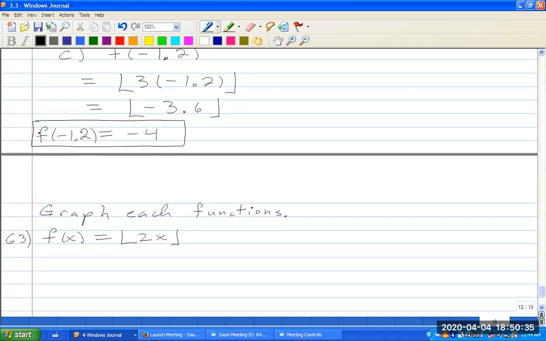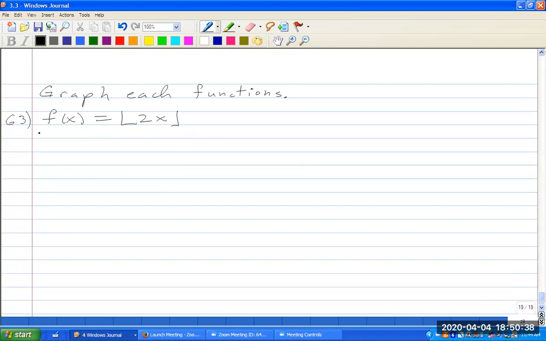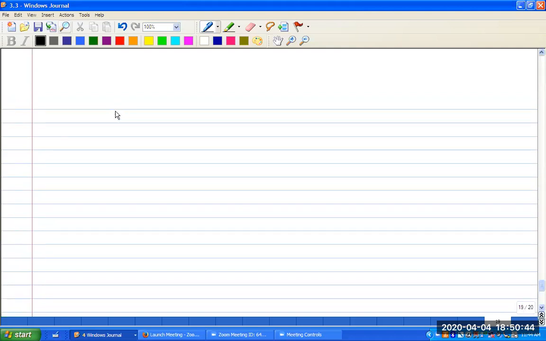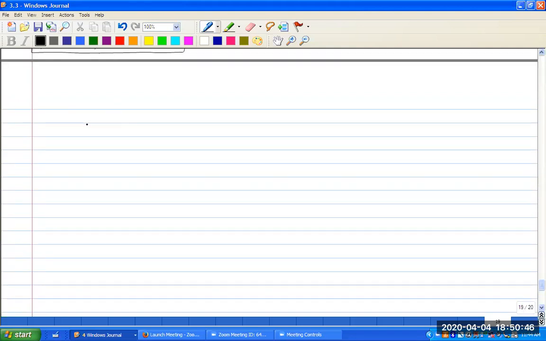Let me show you that visually. Okay, so if I look here on the number line, let's say this is negative 4, this is negative 3, and this is negative 3.6.